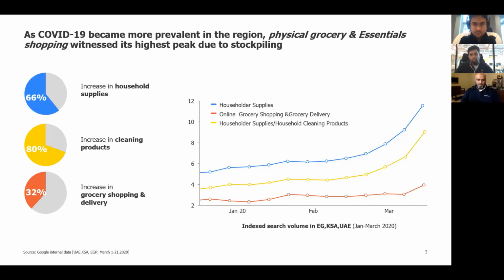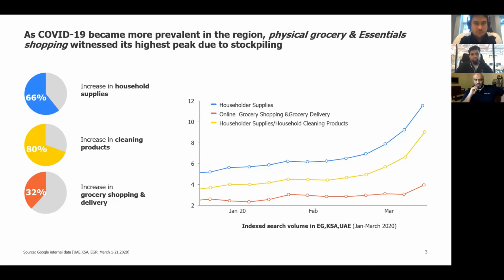In terms of grocery, the one thing that is questionable on this graph, you would say grocery is one of the most essential things, right? But still you see household supplies scaling much faster and much more than grocery. I think the clear answer to that is household is a much bigger segment. Second, grocery was still allowed for a lot of the overall lockdown period.